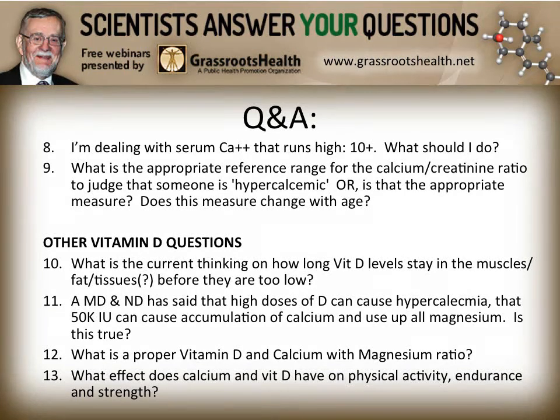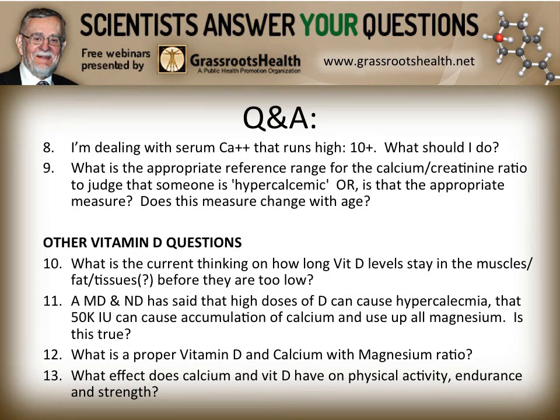Okay, question 11. A physician and an ND, a naturopathic doctor, has said that high doses of vitamin D can cause hypercalcemia. That 50,000 international units can cause accumulation of calcium and use up all magnesium. Is this true?